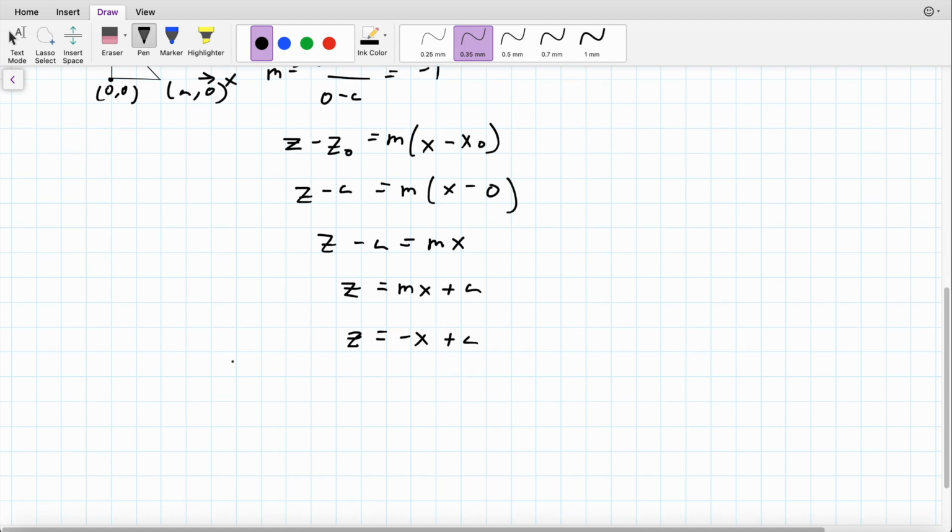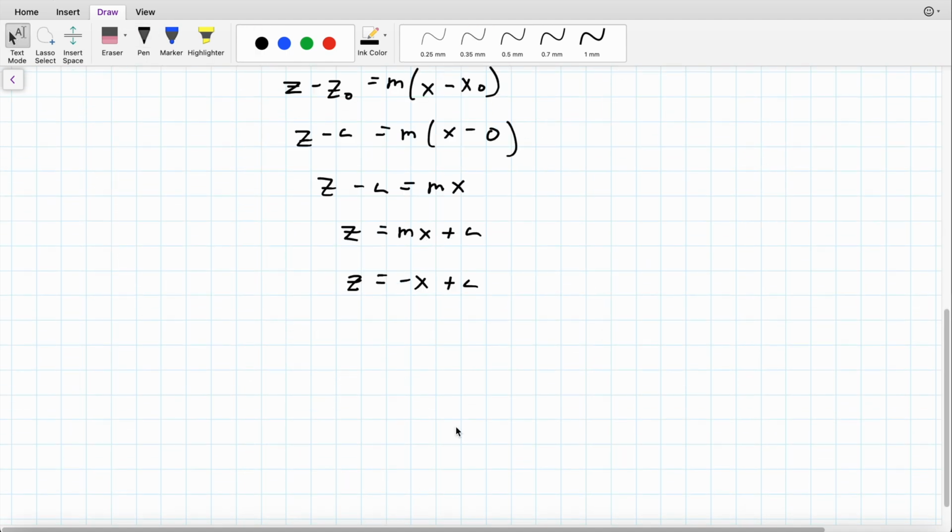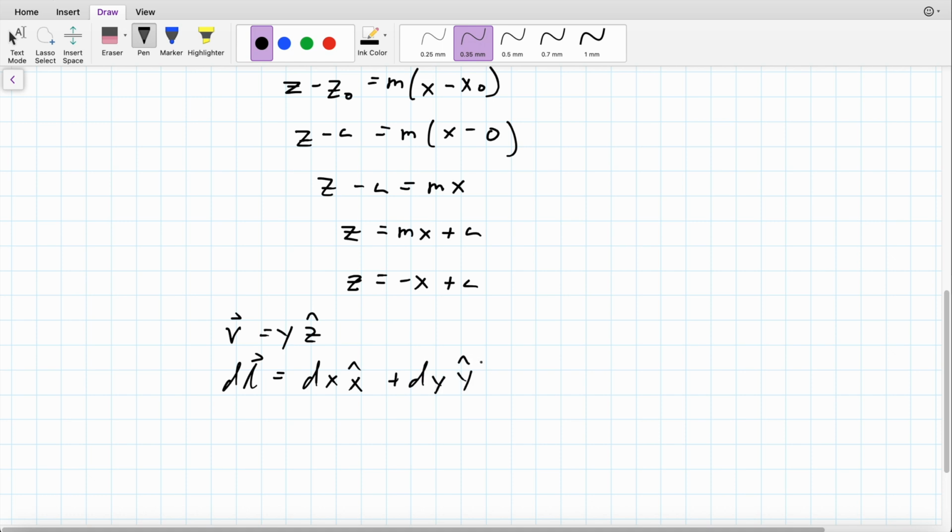And we can go back to the equation that we are given. Okay, so now going back to the equation, I know my v vector is equal to some yz hat. And I'm going to dot it against the dl, where dl is just the infinitesimal length or path, so dx x hat plus dy y hat plus dz z hat.